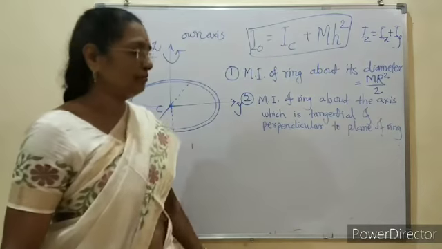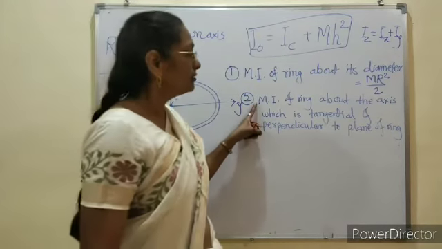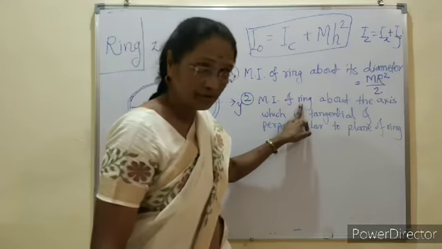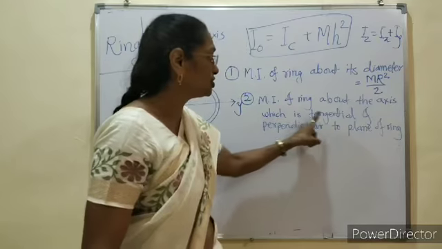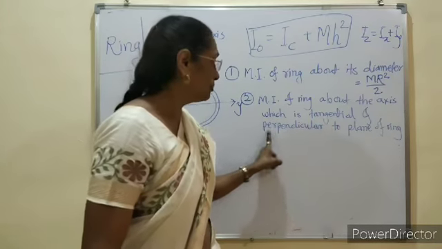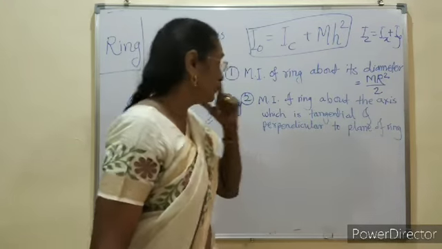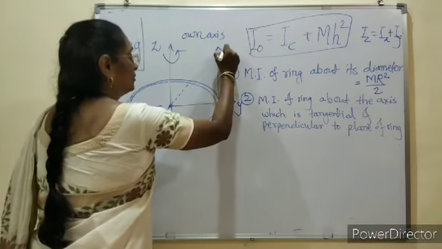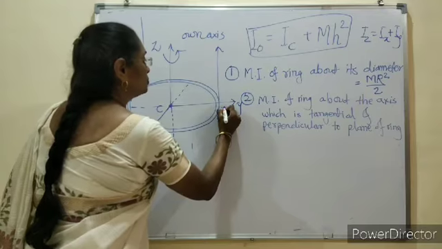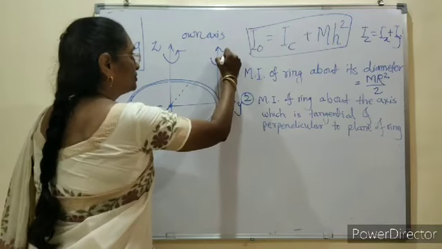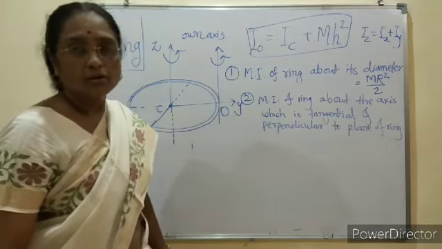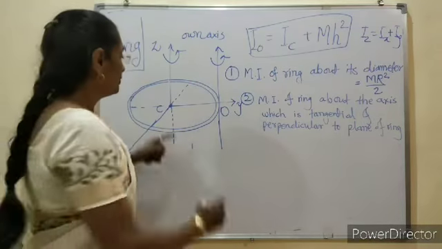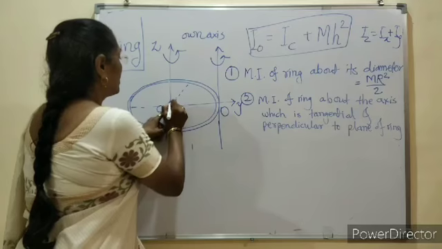So again we read the description. Moment of inertia of ring about the axis which is tangential but perpendicular to the plane of ring. We can show it like this. This axis is passing through O. About this axis also we can rotate. Now here there are two parallel axes.